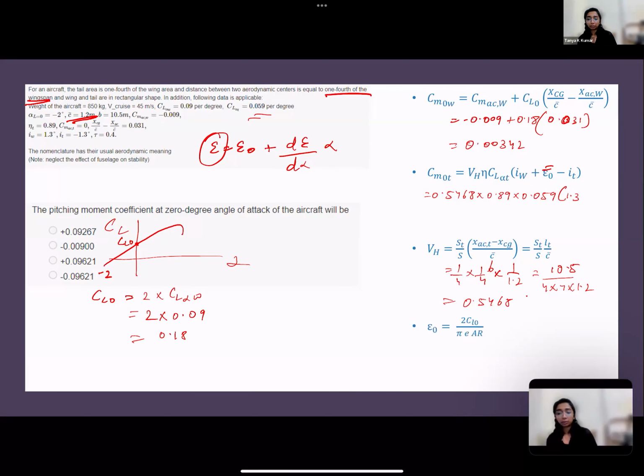This was the formula for epsilon naught. Can you try finding it? Find it out and tell me how much it is. Note that since we have the wing setting and tail setting angle in degrees, and your CL alpha tail is in per degrees, you would require epsilon naught also to come out in degrees.